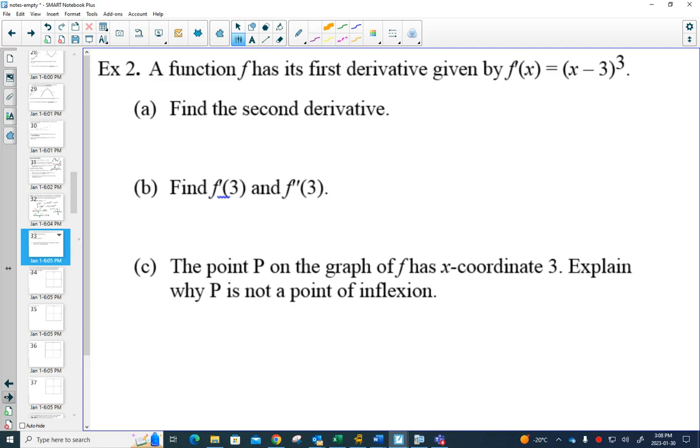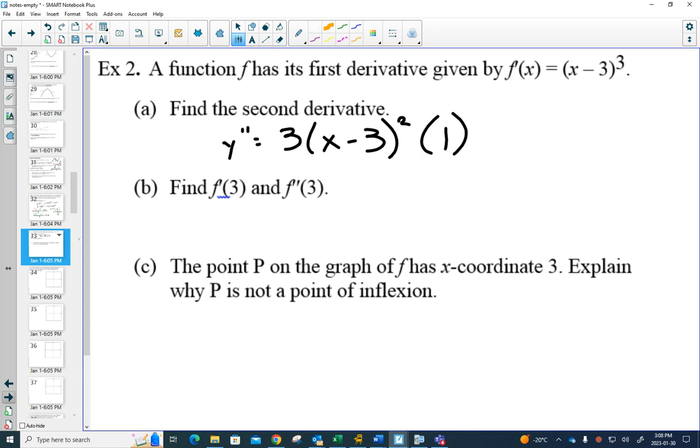So this question tells us the first derivative is x minus 3 cubed. Now technically this is a chain rule because we have an x minus 3 inside of the x cubed. But when you do the chain rule, the derivative of the inside function is just 1.